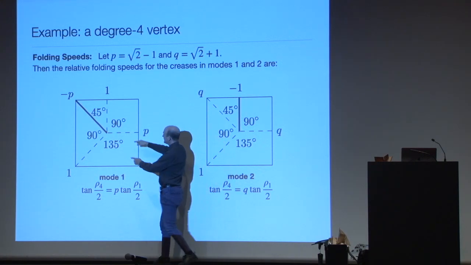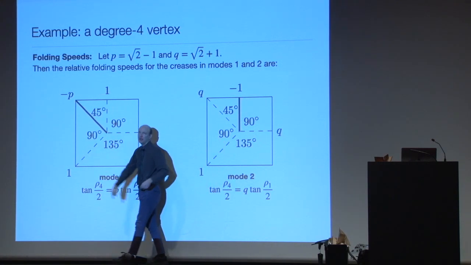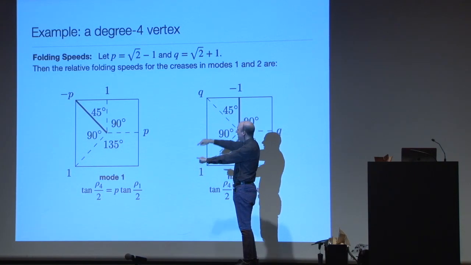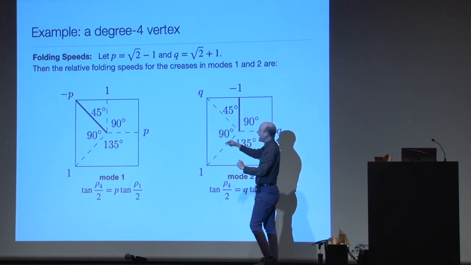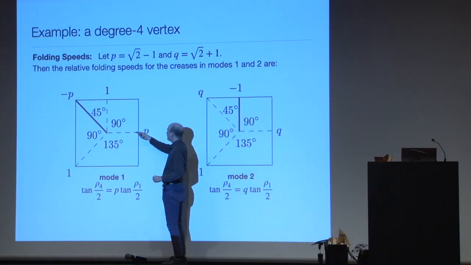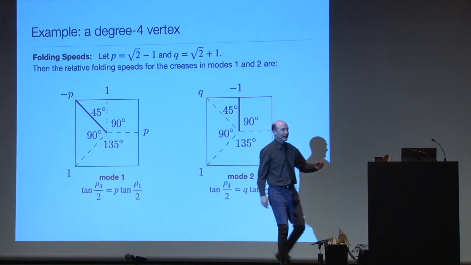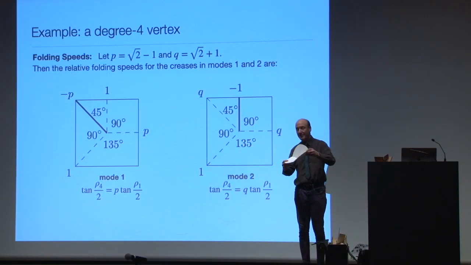In this case, it says that the 2 that have the same mountain-valley assignment, the 2 that are both valleys opposite each other, are going to fold faster than the valley-mountain opposite pair.